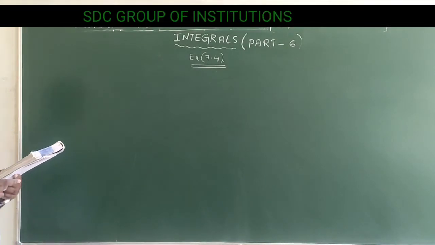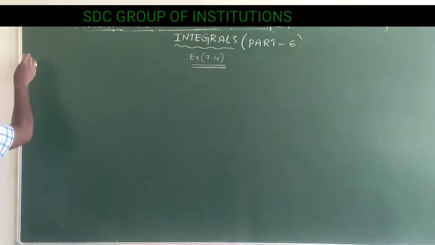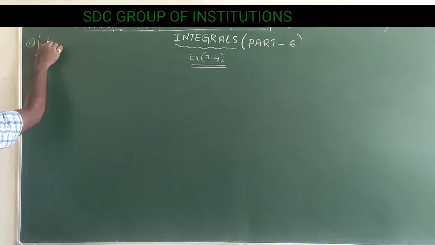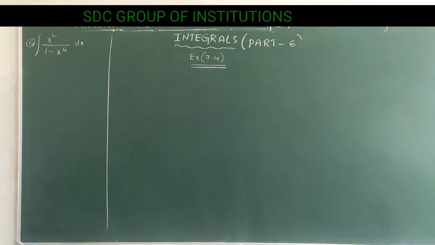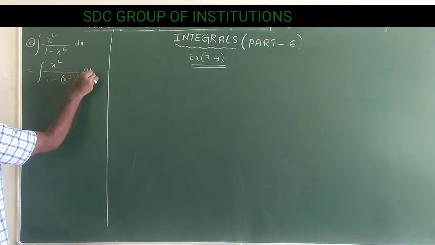Okay, next. Sixth question. Evaluate integral x square by 1 minus x power 6 dx. So this can be written as integral x square by 1 minus x power 6, which can be written as (x cube) whole square dx.